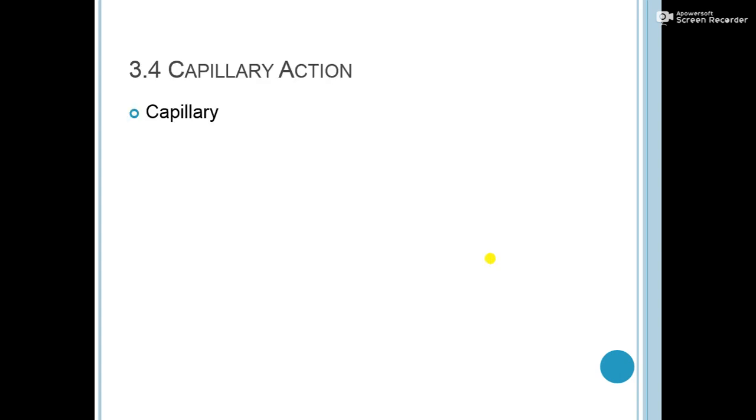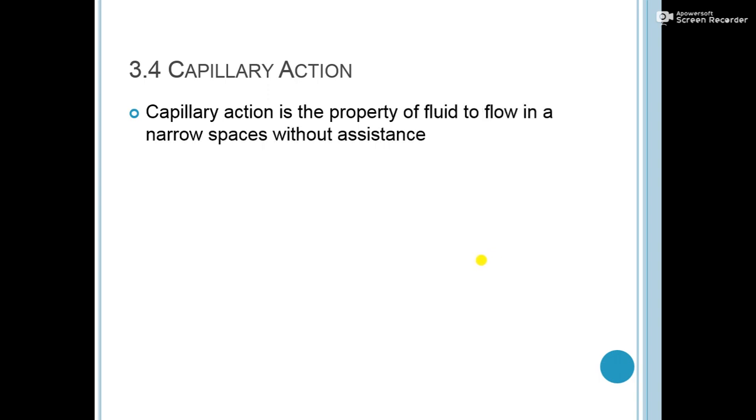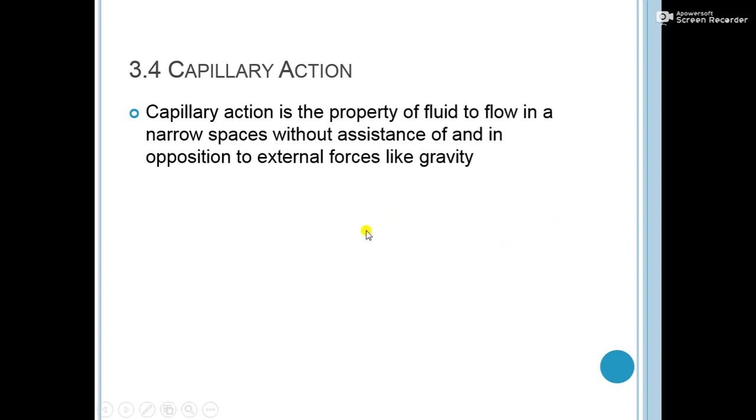Next is capillary action. Capillary action is the property of a fluid to flow in narrow spaces without the assistance of, and in opposition to, external force like gravity.